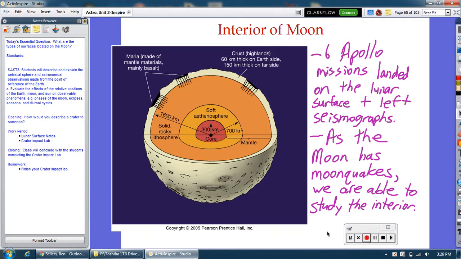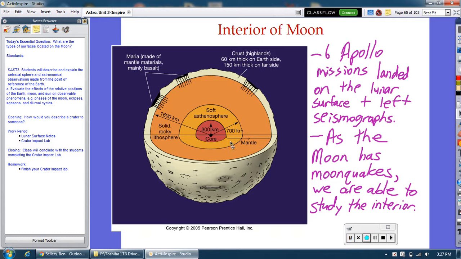So we've been tracking moonquakes, and we're able to study the interior based off of these little moonquakes. They're not strong earthquakes like we have here because Earth is a lot more geologically active, but there are tremors, and we get to study the small vibrations through the Moon in order to study the interior.